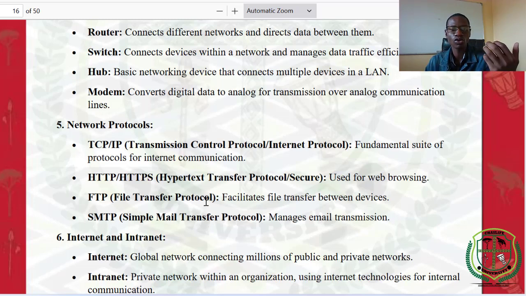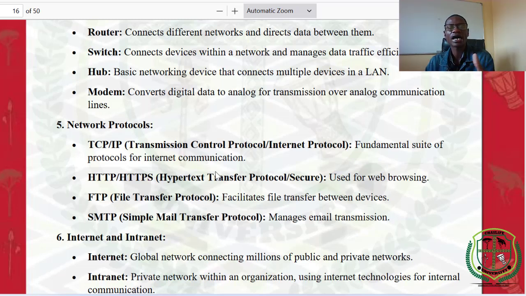There's what we call TCP/IP. TCP stands for Transmission Control Protocol, and IP is the Internet Protocol. These abbreviations are a fundamental suite of protocols for internet communication.